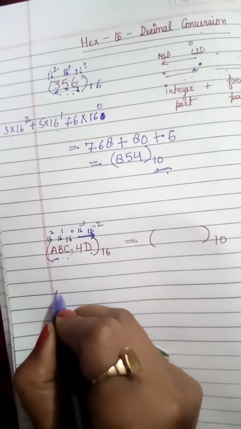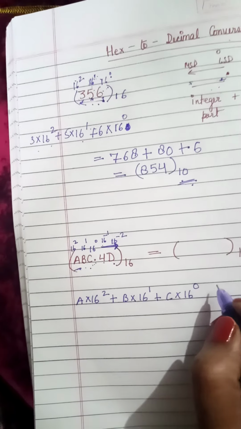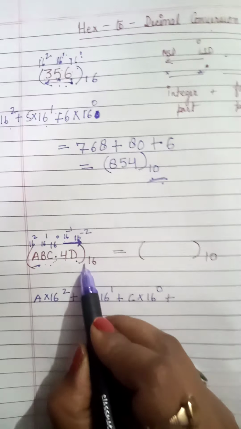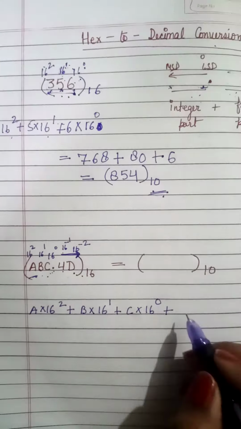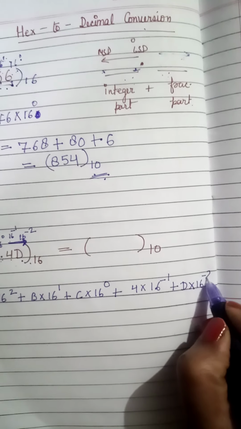We will start with A into 16 power 2 plus B into 16 power 1 plus C into 16 power 0, plus in this direction 4 into 16 power minus 1 plus D into 16 power minus 2.